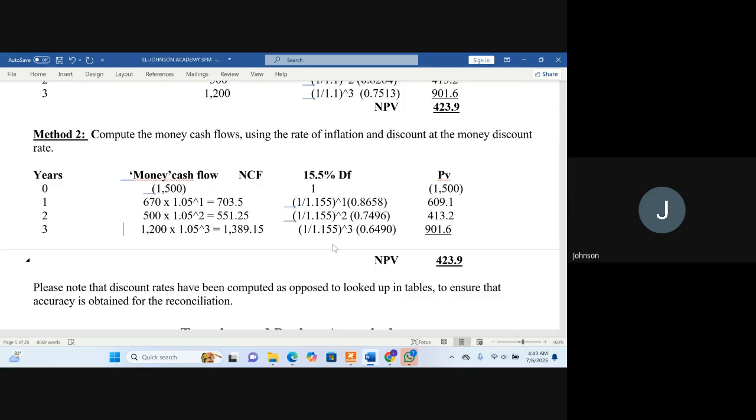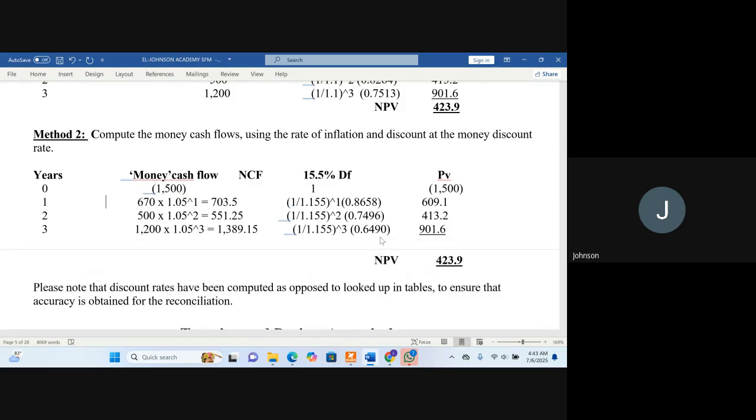The return phase cash flow is what we call the sales. In this question, they've given us the cash flows that we should use. The only thing they are trying to test is our understanding of how to use inflation.